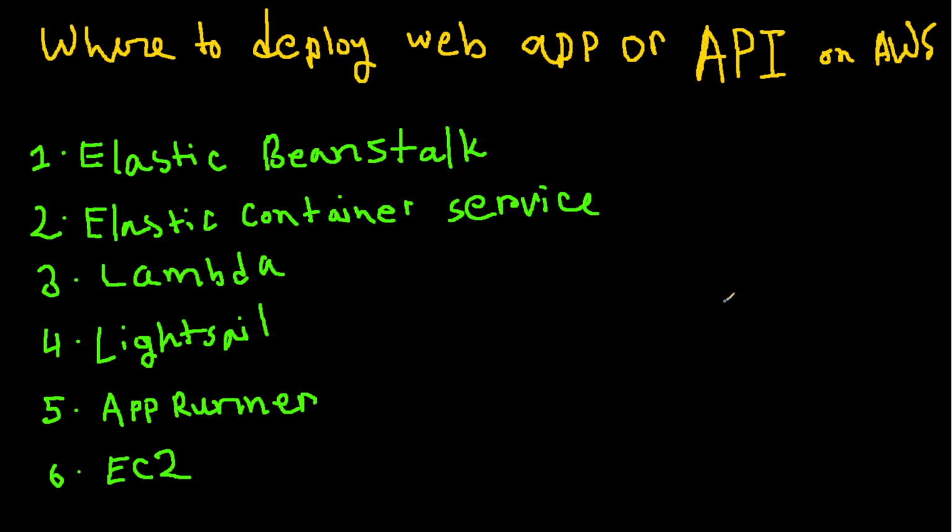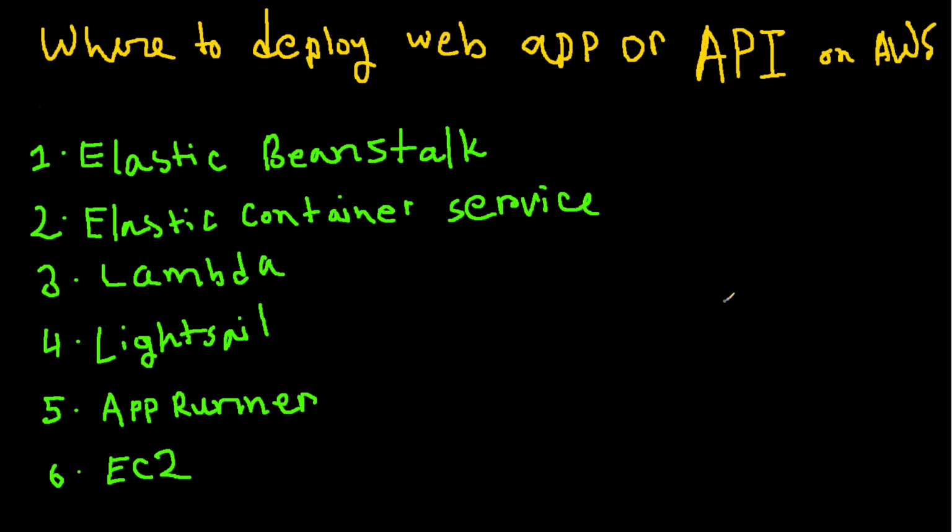For example, if you want to deploy a database, you have Aurora, you have RDS, you have DynamoDB, and then you got tons of services for doing almost the same thing.